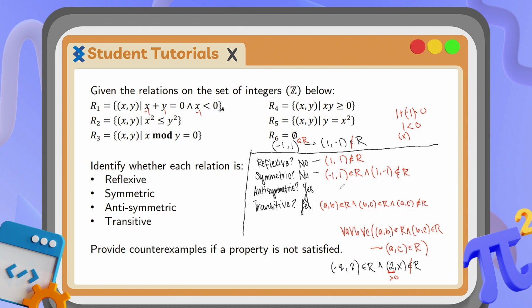And for antisymmetric, we're basically stating that AB is in the relation, BA is in the relation, and A is not equal to B. So these are your counterexamples for antisymmetric and transitive properties in case a relation violates these two properties. Because in this case, for this item, we only have reflexive and symmetric properties being violated. So that is all for relations.